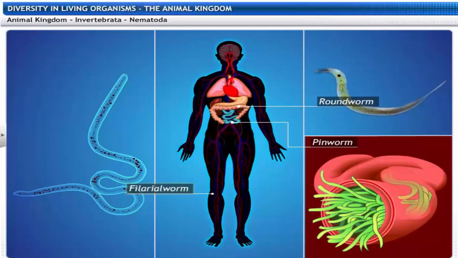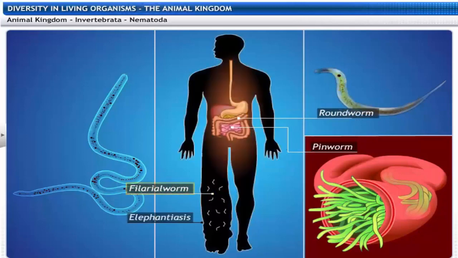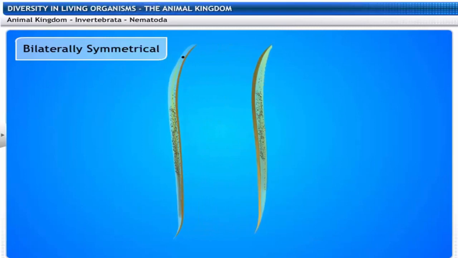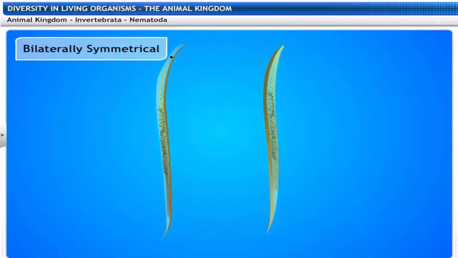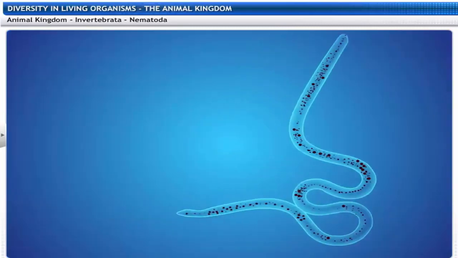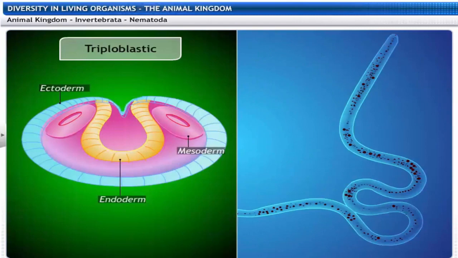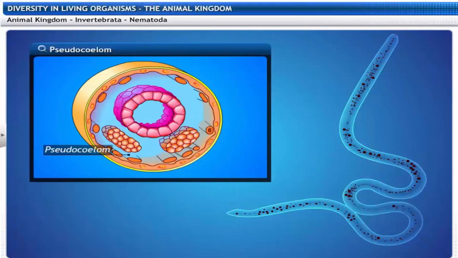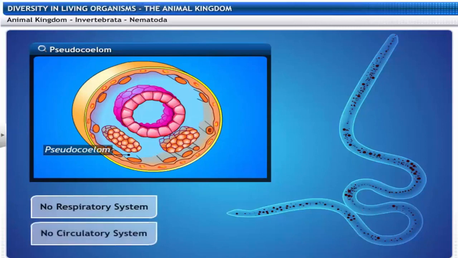Filarial worms in lymph and limbs cause elephantiasis. Their bodies are long and cylindrical, showing bilateral symmetry. Nematodes are triploblastic. Their body cavity is pseudocoelom. They also lack respiratory and circulatory systems.